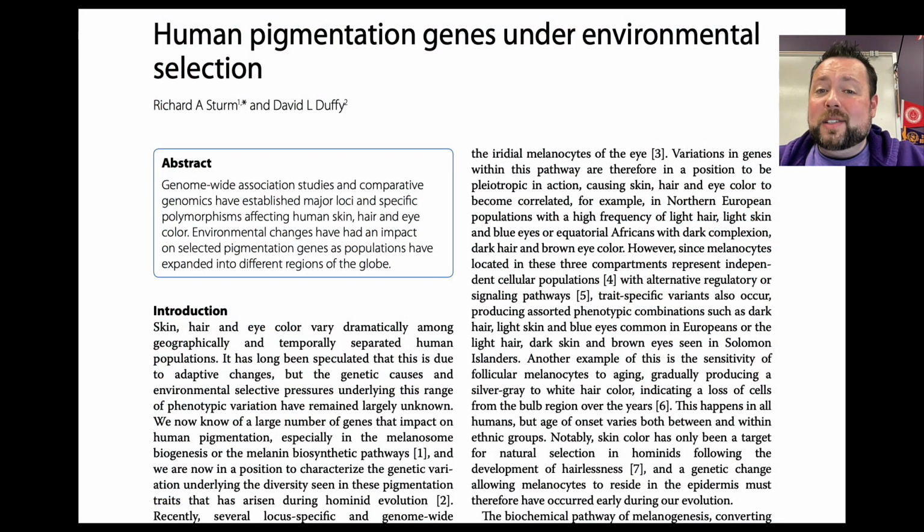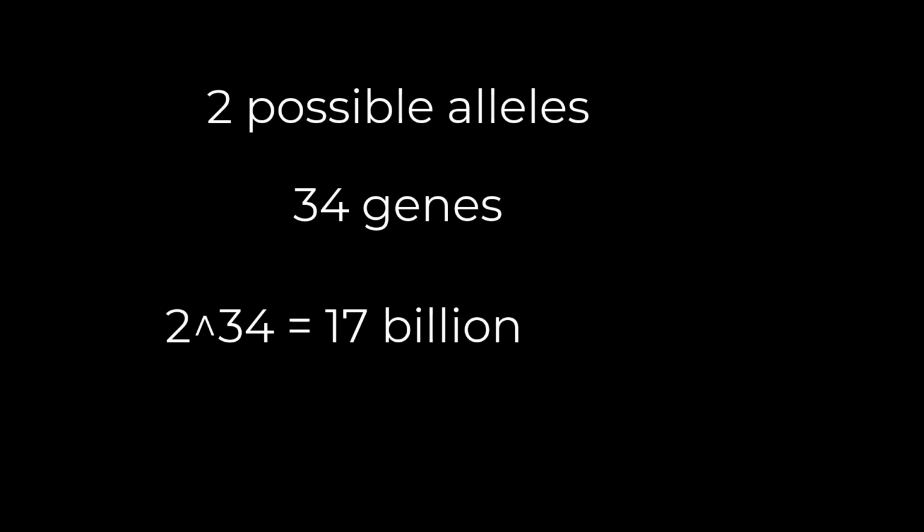For example, in 2012, Richard Sturm and David Duffy identified that there are at least 34 genes that are responsible for skin color in humans. With two possible alleles that assort independently for 34 genes, we would take 2 to the 34th power, giving us just over 17 billion possible genotype combinations per parent.